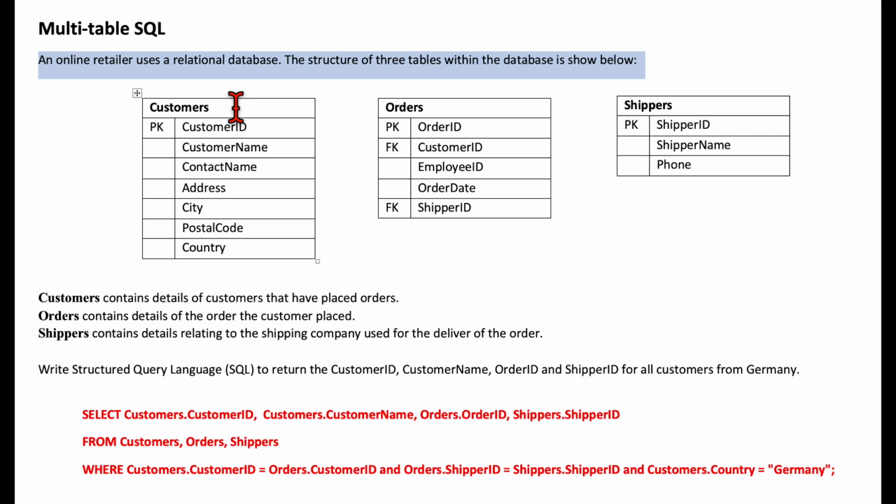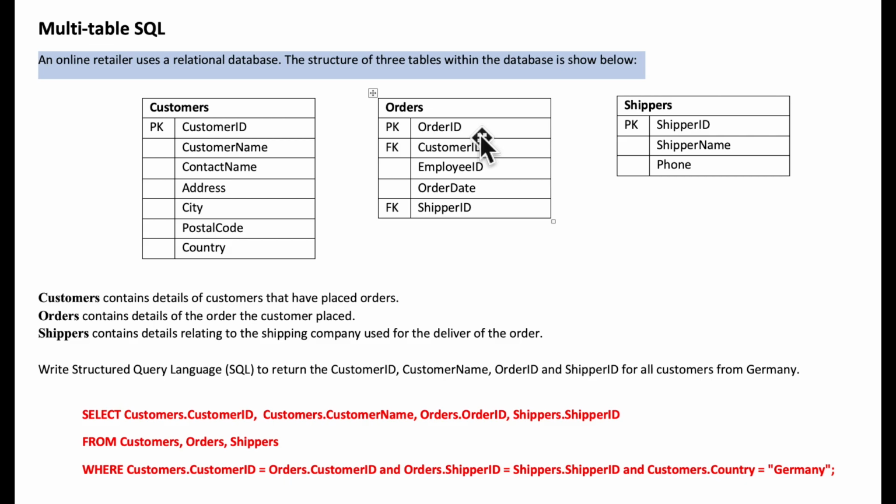If we look at the customers table, we'll notice it has a primary key of customer ID and various other fields relating to the customer record. Our orders table has a primary key of order ID plus the foreign key of the customer ID. So that makes a relation between the customers table and the orders table.